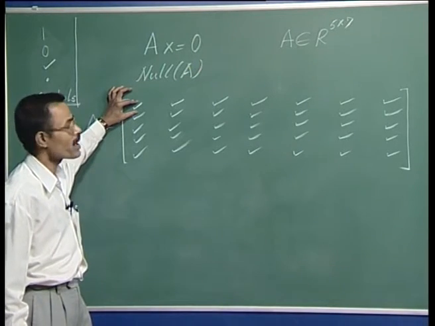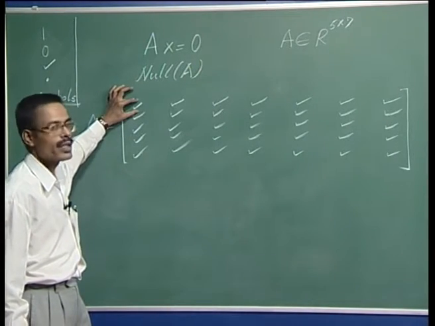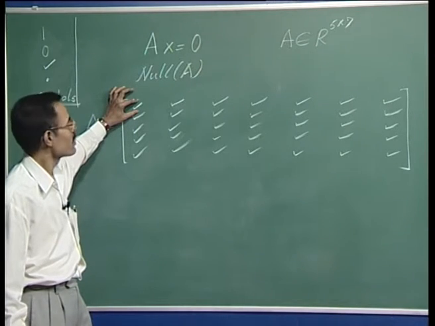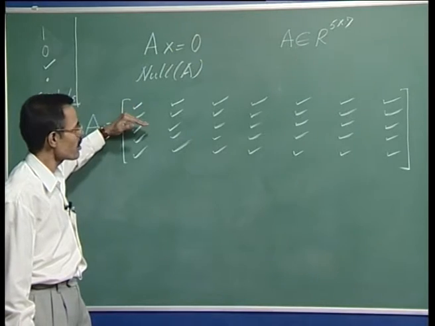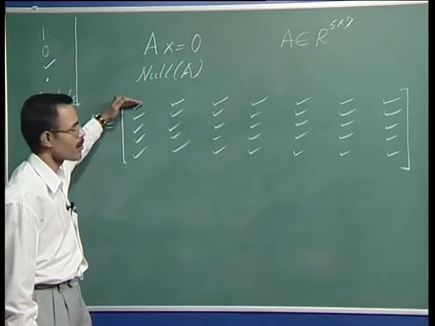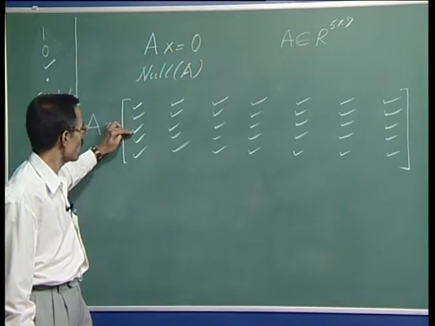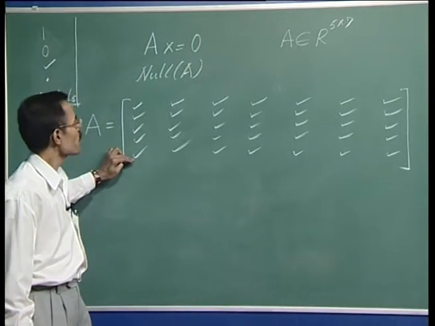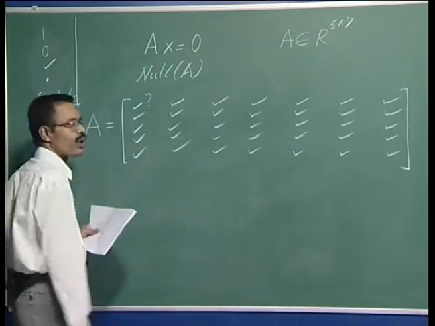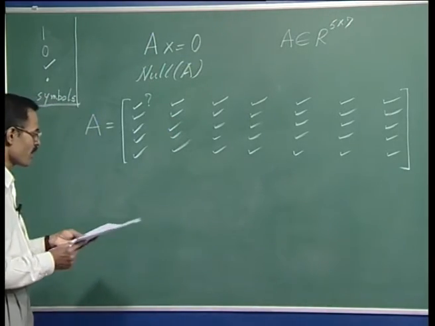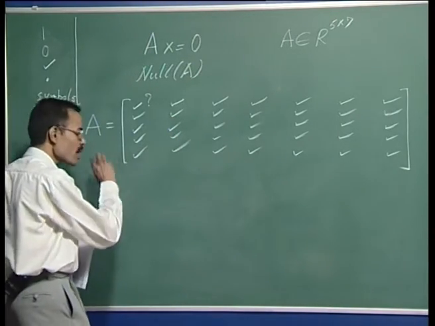For that, we examine whether this number is 0 or not. If it is 0, then we would like to interchange rows to get a non-zero number here, either from here or here or here or here. So, first we see whether this is 0 or not. In the first case, suppose we find that it is not 0. So, give it a name.